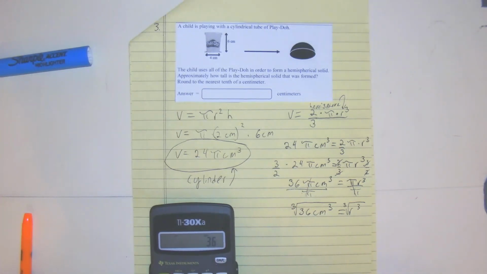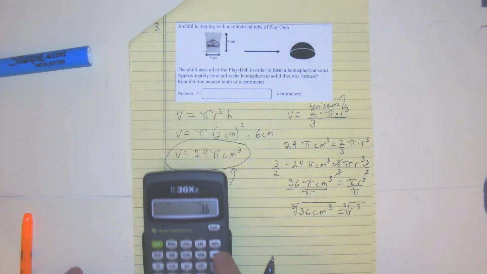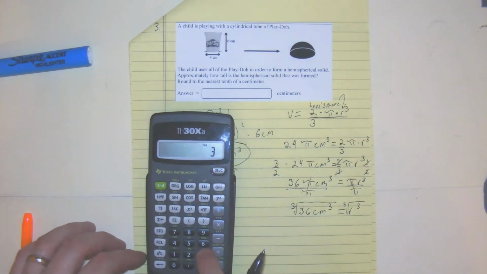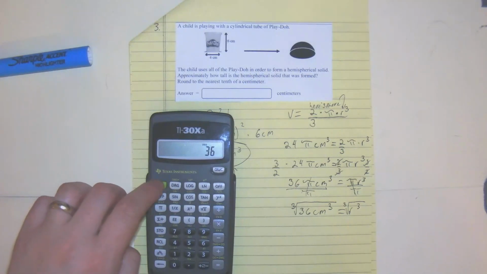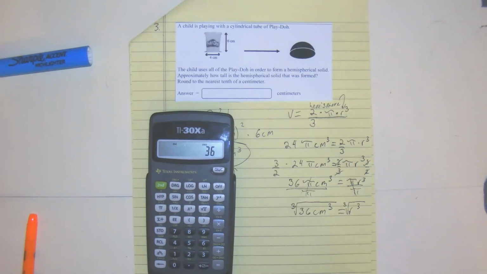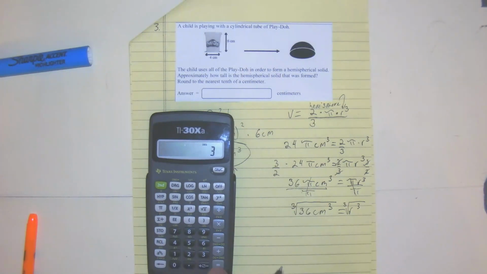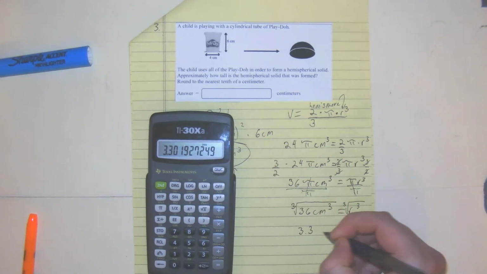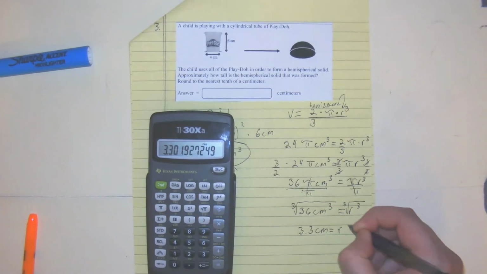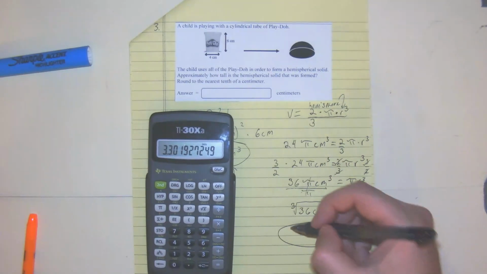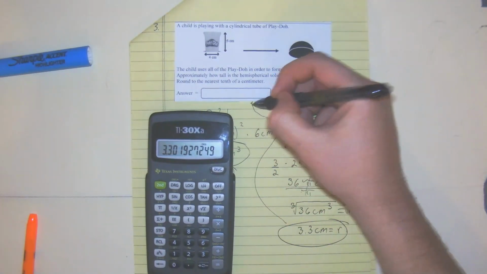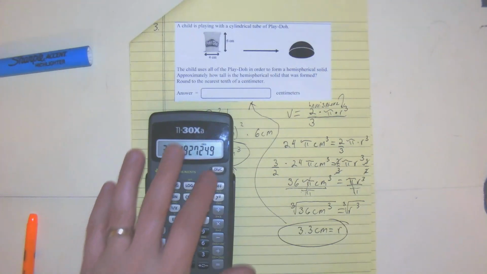second. This one right here, oops, let me do it again. So you do 36, second, the cube root, index 3, equals, and you get about 3.3, which is the height of this Play-Doh.